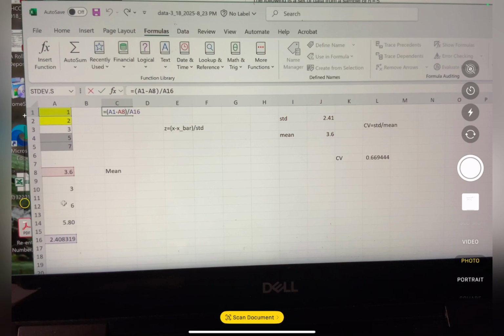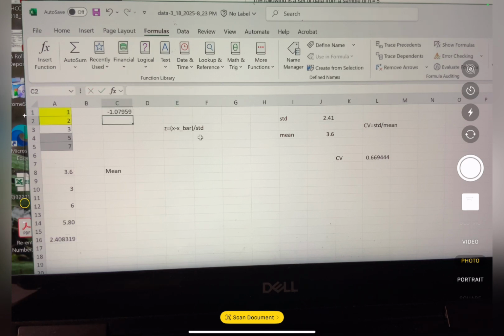Therefore, to freeze it, I'm going to A8, this is my mean. When I say freeze, it means it's not going to change, it's going to stay the same. And A16, I'm freezing 16 because A is going to be the same column, it's just the row that is frozen. There we go.